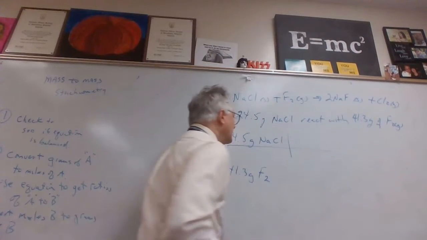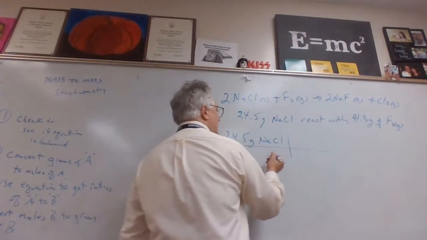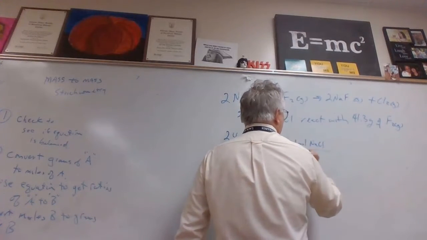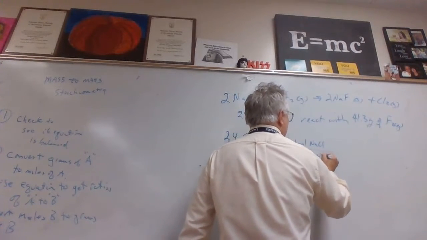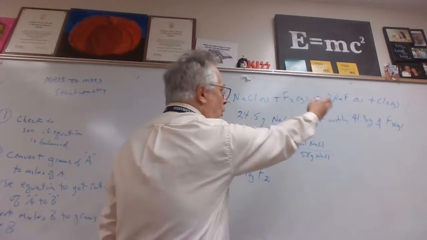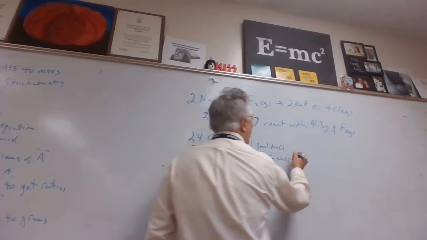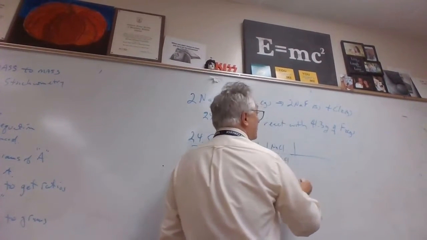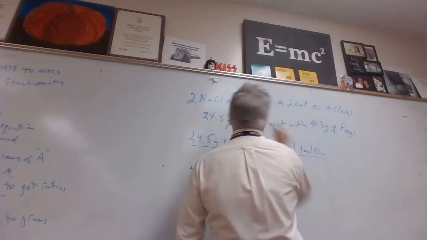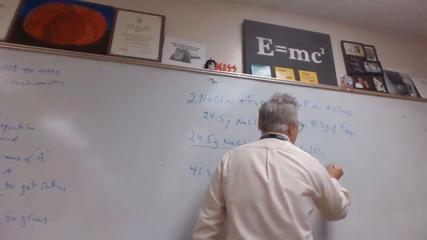So again, sodium chloride, you have to change it to moles. And then we've got 1 mole of NaCl is 58 grams of NaCl. You get to know that after a while. And it is 1 mole of chlorine to 2 moles of sodium chloride. 1 mole of Cl2 to 2 moles of NaCl.